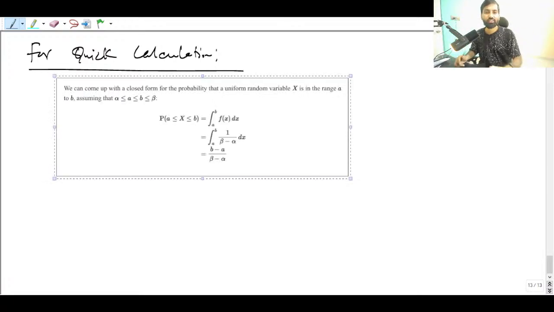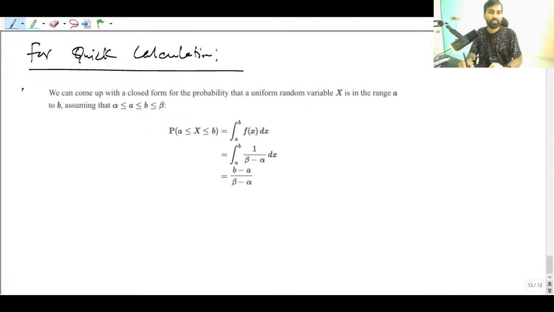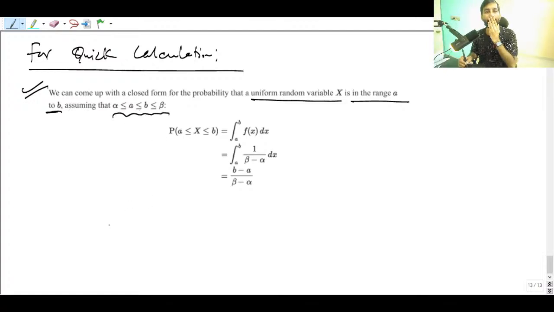You can directly use this result. So we can come up with the closed form for the probability that the uniform random variable x is in the range a to b. अगर आपका x जो है, if x is lying between a to b, right? So directly you can just do it like this.